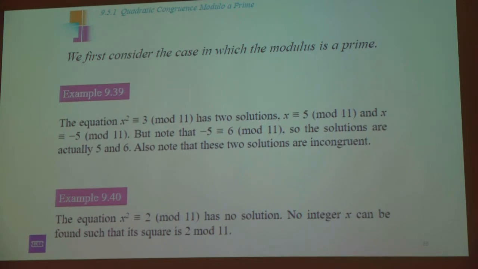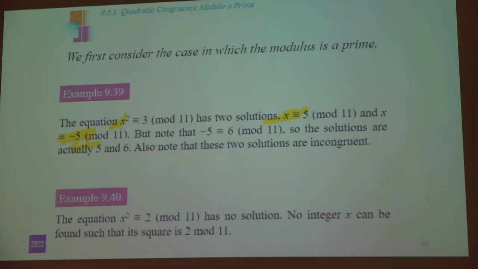So the first example, the equation x to the power of 2 modulo 11 equals 3. So how many solutions are we supposed to have in here? 2 solutions, right? What are the solutions? x equals 5, and the other one, x equals minus 5. Okay, let's try it. 5 to the power 2 equals 25.